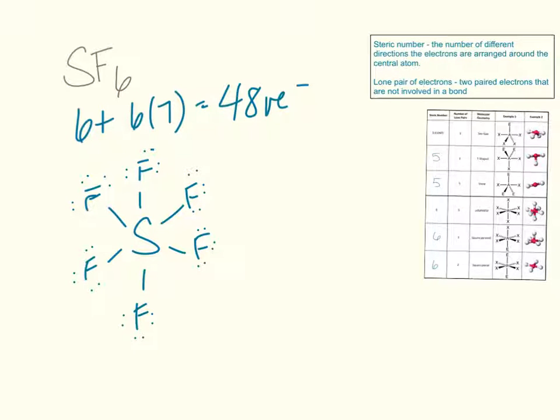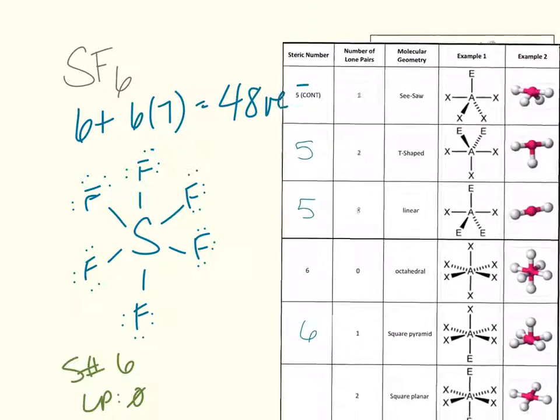So there's all the valence electrons. My steric number for this is 6, and my number of lone pairs is 0.